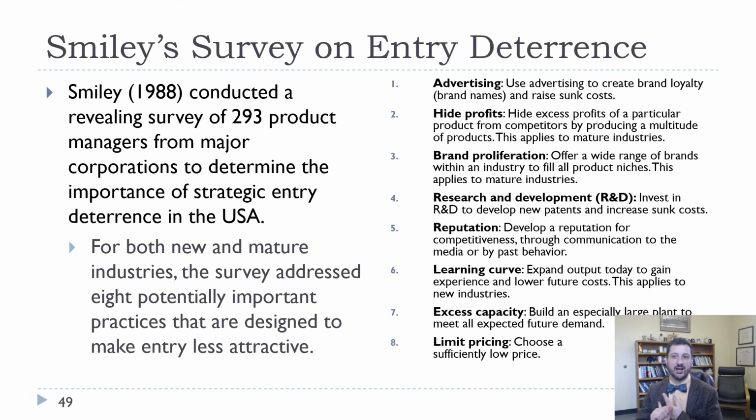So if you can hide profits, then potential entrants might not realize how profitable your industry is, and so they might not enter. Brand proliferation. So if we go back to our first video for chapter 8 and think about all the cereal brands, then you can think about these 5 companies trying to offer lots of different brands to fill all of those niches. Research and development.